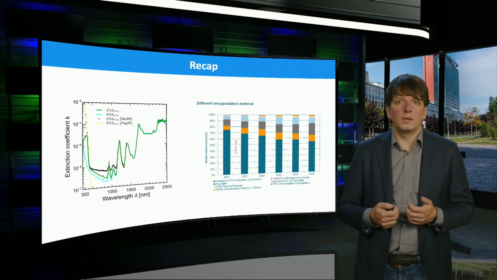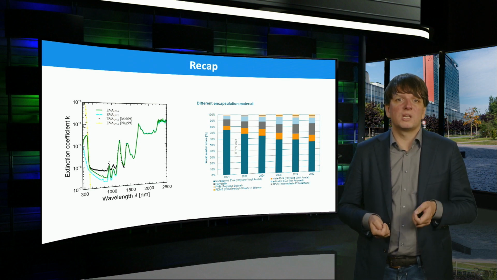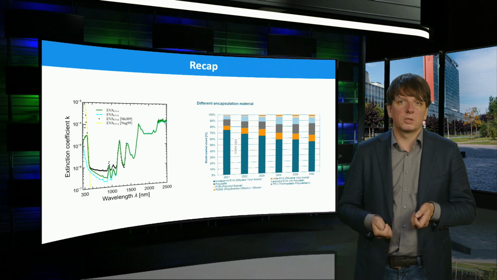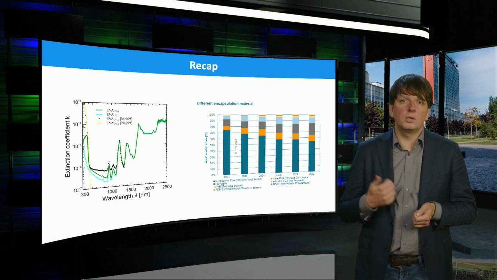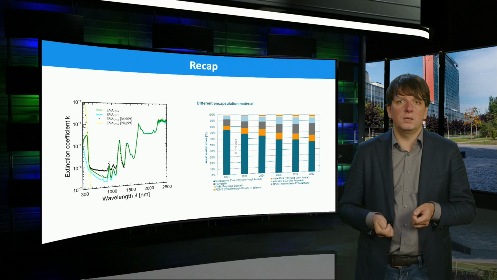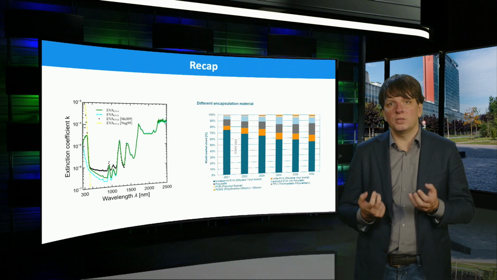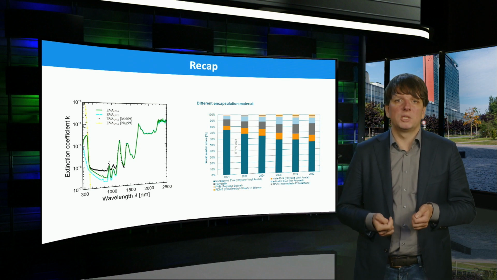Secondly, we saw in the market overview that EVA is used in more than 70% of all PV modules today. Alternatives such as polyolefin offer advantages in terms of reliability due to better PID resistance and lower water vapor transmission rates. However, these advantages come at a higher material cost.